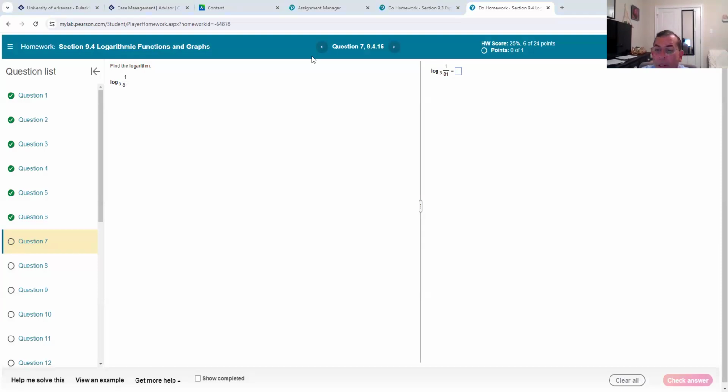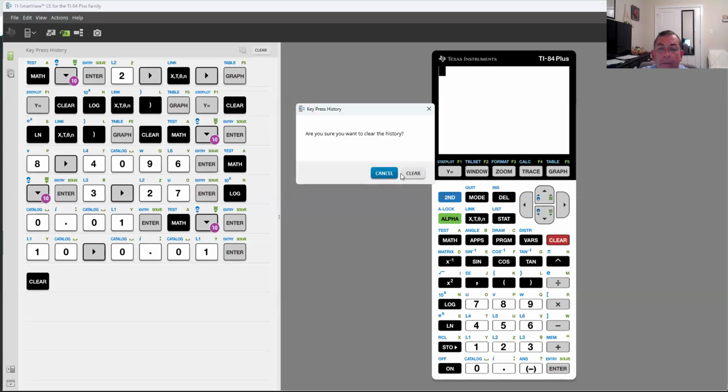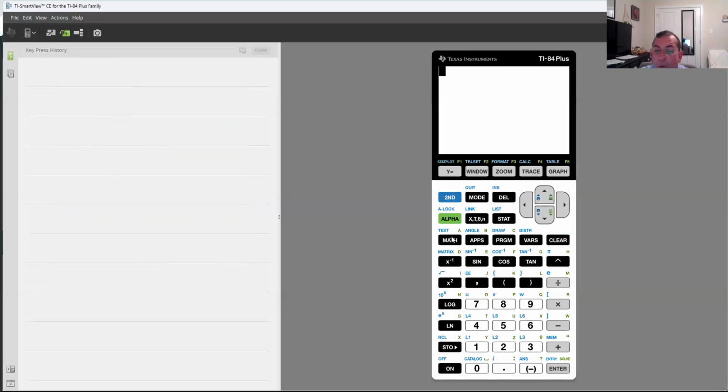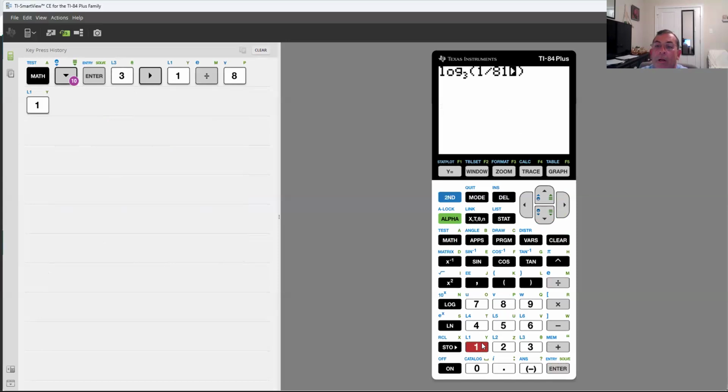So let me go here. I'm going to clear everything out. So I need my log base. So hit math, arrow down to log base. Enter. I had a base of 3, and then I had 1 over 81, so 1 divided by 81.